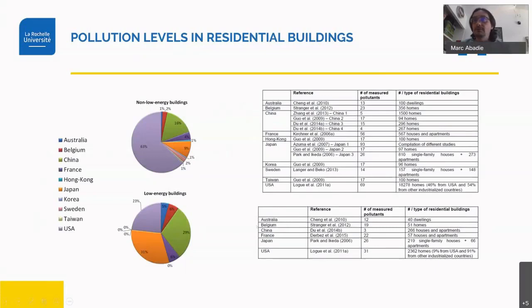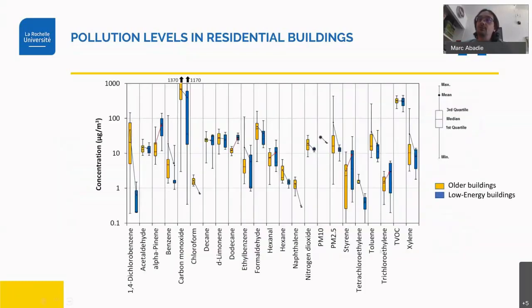You have all the different references on this slide. And what we are able to draw is a picture of the concentration levels for different pollutants, in yellow orange for the older buildings, in blue for the newest ones, the low energy buildings.